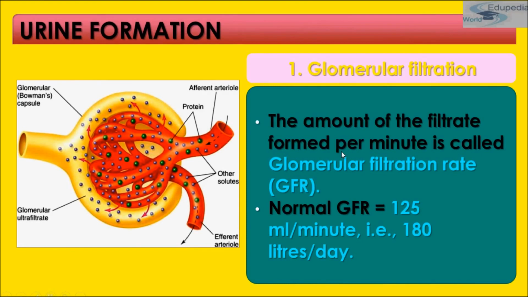Now, the amount of the ultrafiltrate formed per minute is called the glomerular filtration rate, that is GFR. GFR is also known as primary urine or deproteinized plasma.